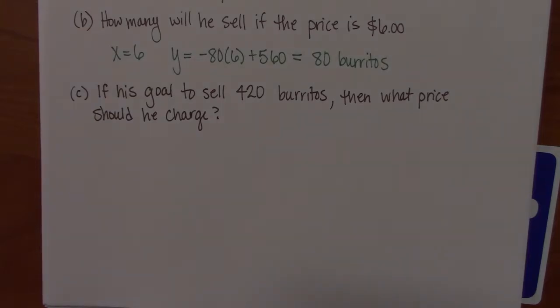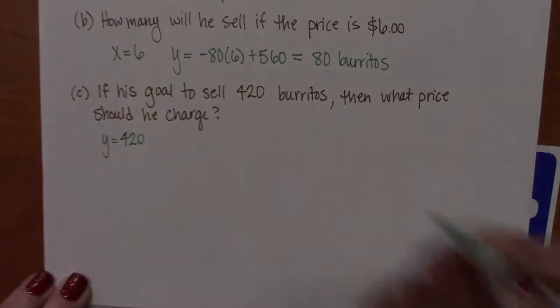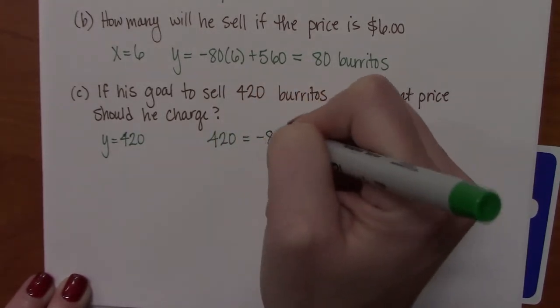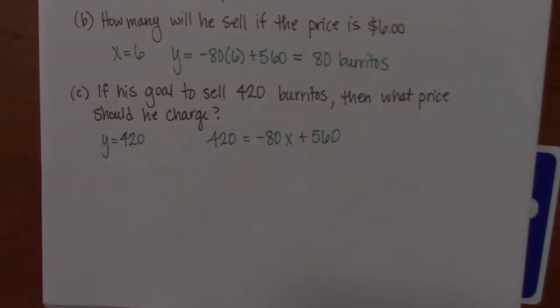So we would set the equation of the line equal to 420. So y is 420. So that means 420 equals negative 80x plus 560. And now we just solve the equation for x. And when we solve for x, that will tell us the corresponding price to that sales figure.